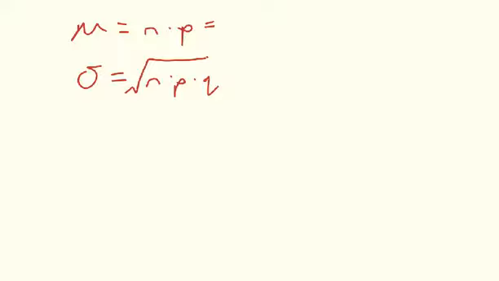So the number of trials in this case was 7. We were sampling 7 people, and the probability of a success was 0.6 because there was a 60% brand recognition. So that gives us a mean of 4.2. Another way to interpret this is that if we randomly sampled 7 people over and over again, on average we would get 4.2 people who recognized the brand.